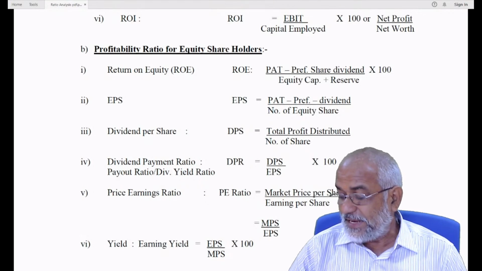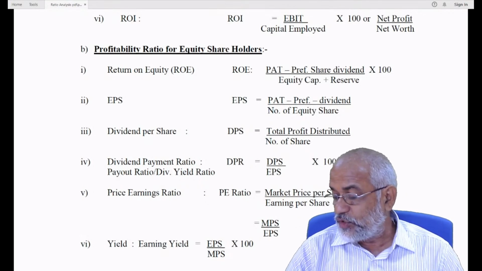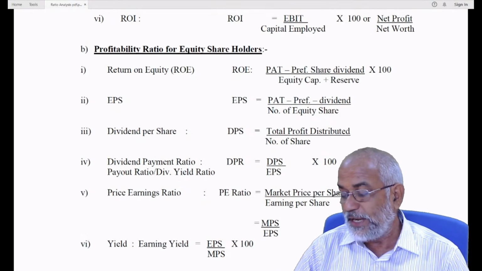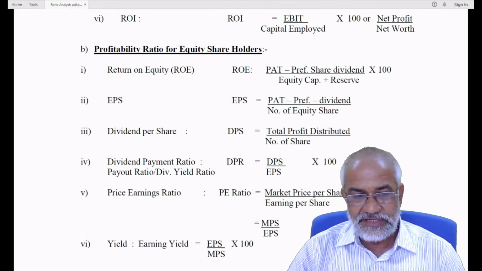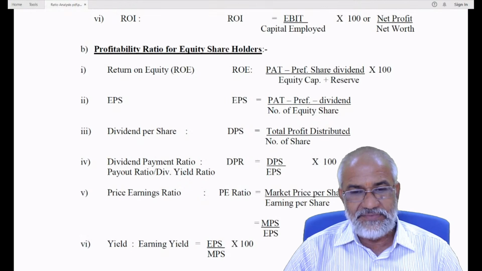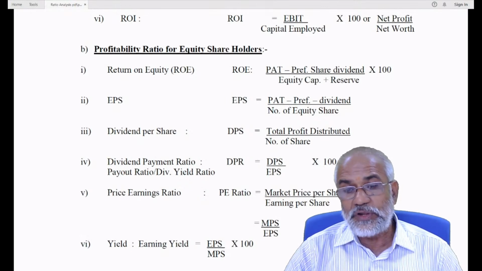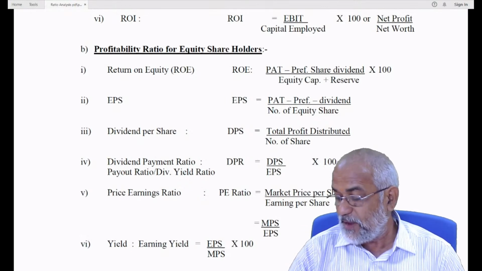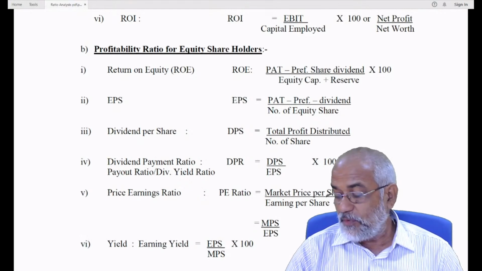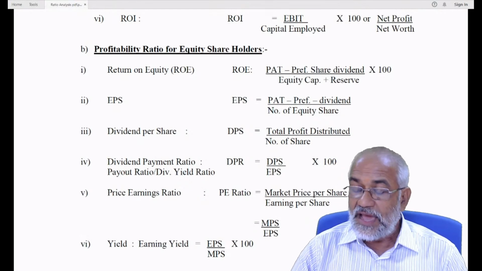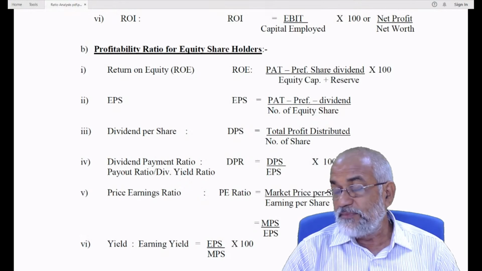This is segregated. The ROE is broken into three important components. The first one is profit margin, the second is asset turnover, and the third is equity multiplier.